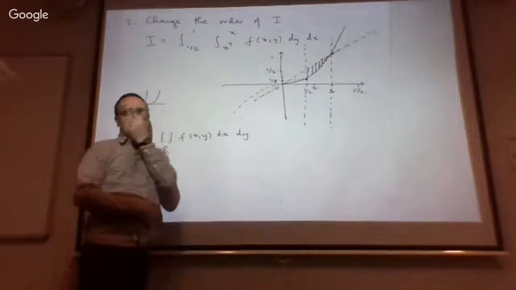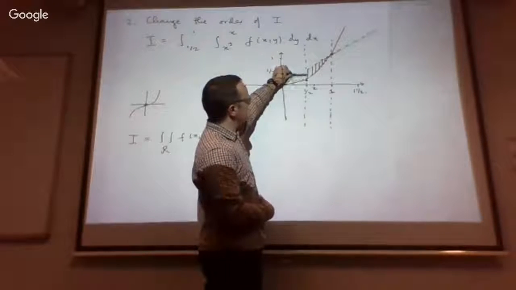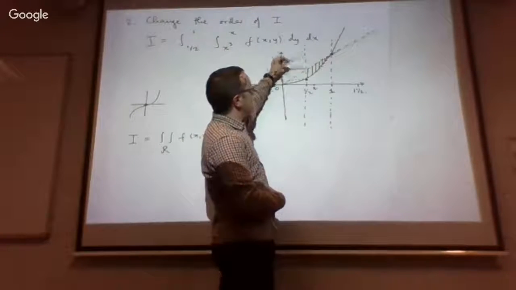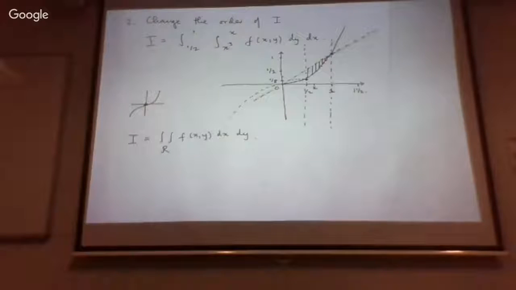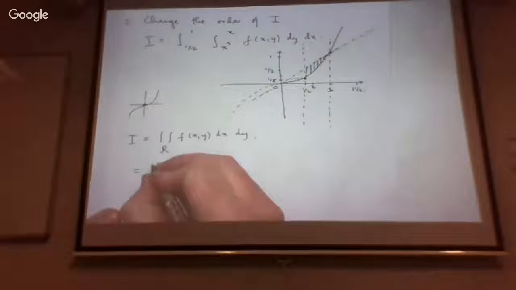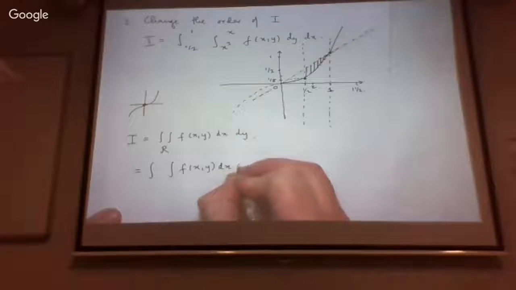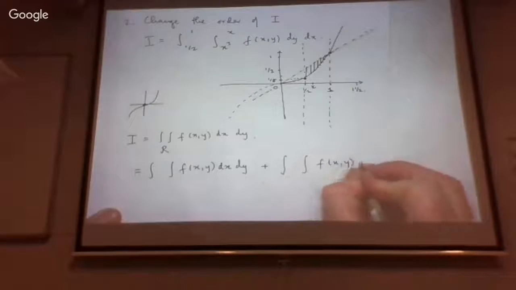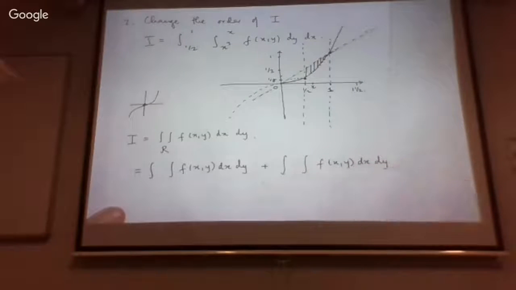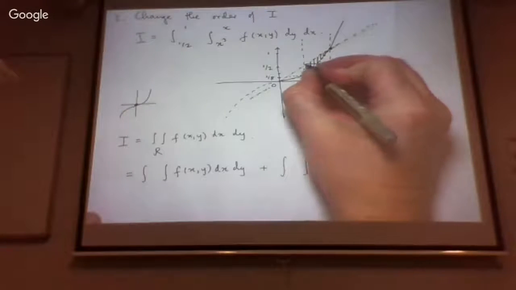So for the starting value of x, there's two types of behavior. For low values of y, x always begins at a half. But once you get past these low values, the horizontal strip is starting on the green line. So that means we're going to need two separate double integrals to handle this. And the dividing point between the two integrals is this horizontal line here.